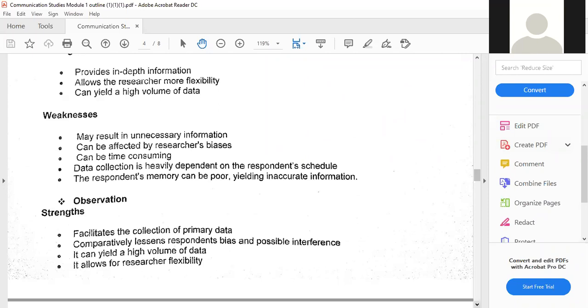So what do you think are some weaknesses of observation? It might be misinterpreted on a large scale. And not all people show their true selves when they're doing certain things. Very true.